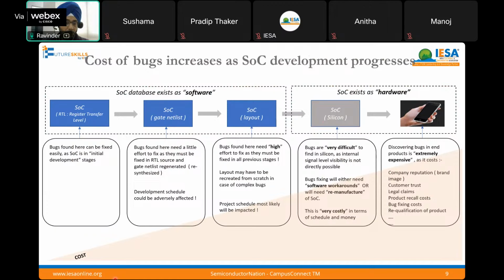So that's how the cost of bugs increases as we go through the development cycle into the end products. Now, just compare this cost with a software bug fix. In case of a software bug fix, it would be fixing the software and making a software update. But it is not the case in hardware. It's extremely, extremely expensive.